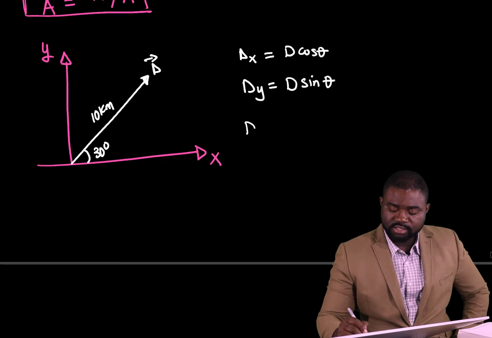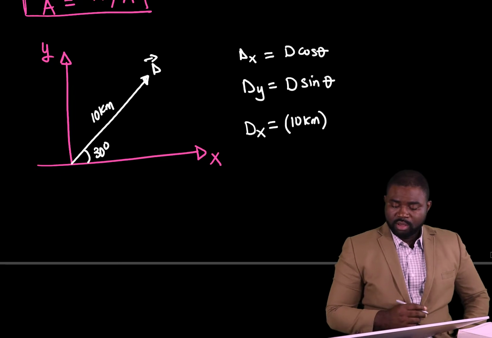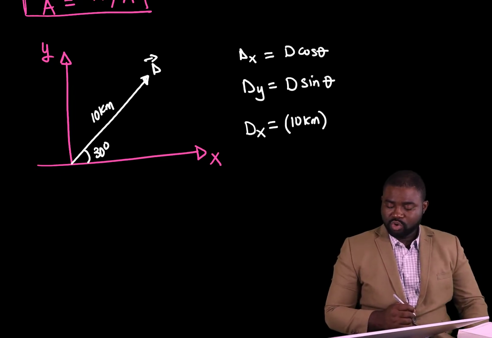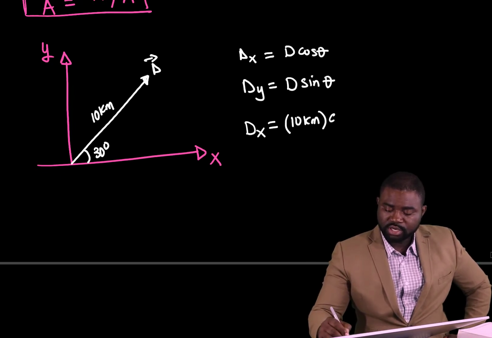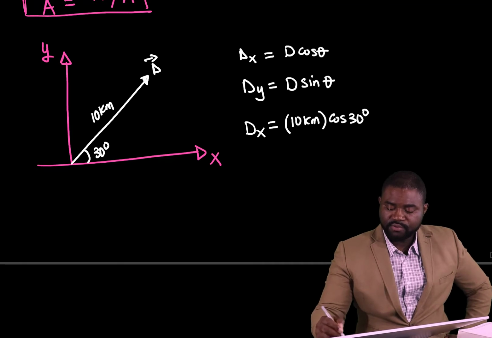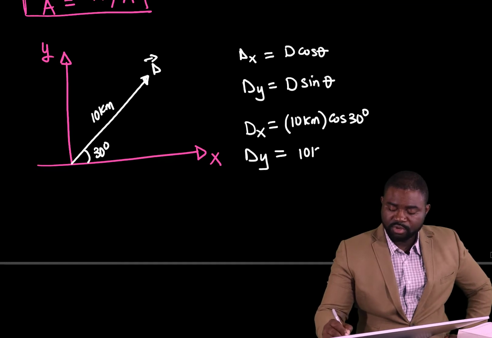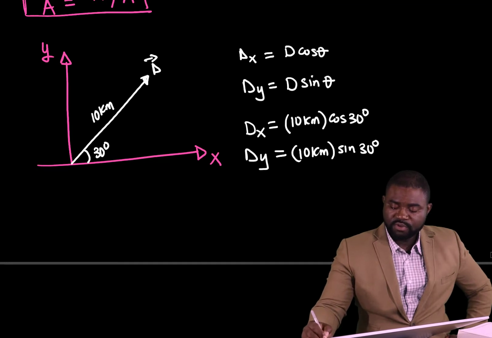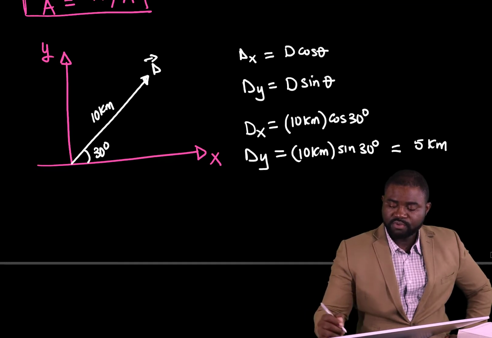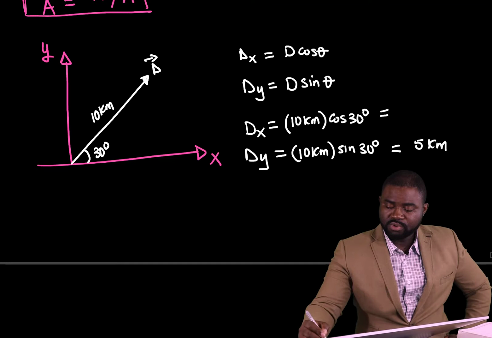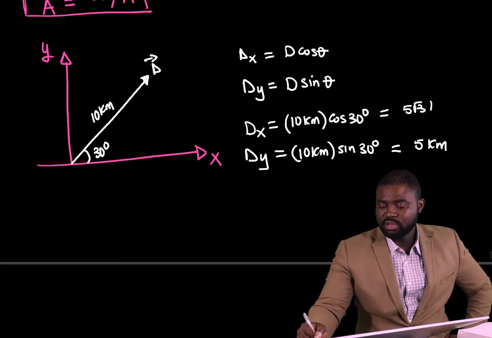So the x component is 10 kilometers cosine of 30 degrees, and the y component is 10 kilometers sine of 30 degrees. This right here will be equal to 5 kilometers, and this right here will be equal to 5√3 kilometers.